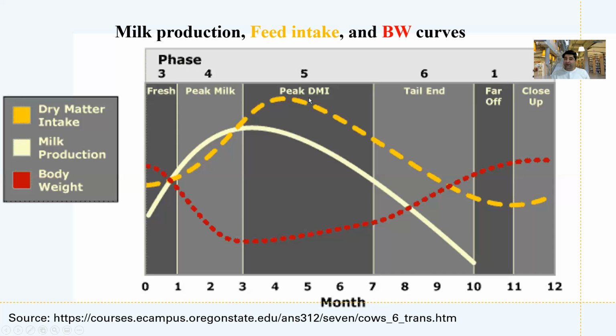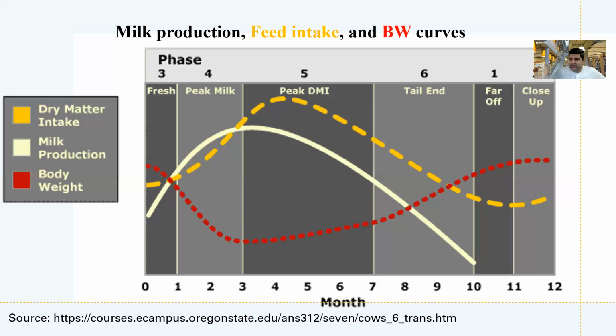It means that when the milk production is at the highest level, let's say 2 or 3 months after parturition, we need to have the peak dry matter intake to support this milk production. But it's not the case. During the peak milk production, dry matter intake, as you can see, is low. And it's gonna peak after the peak of milk production.